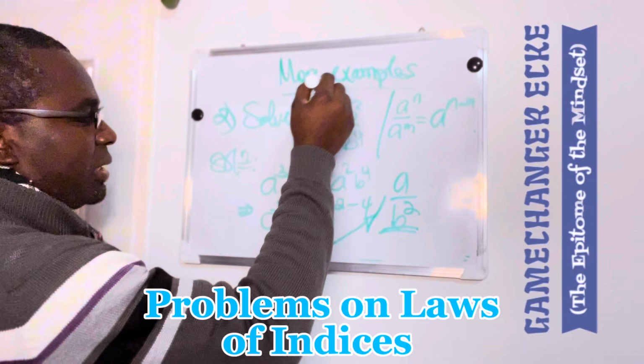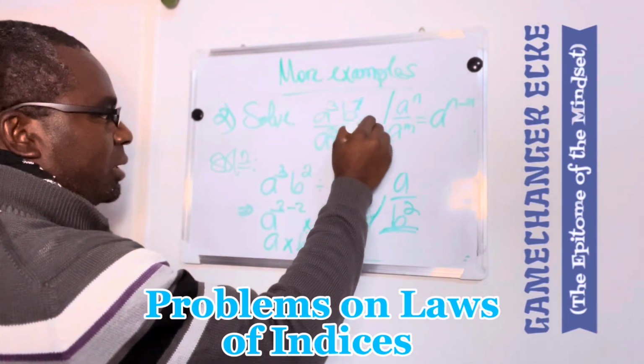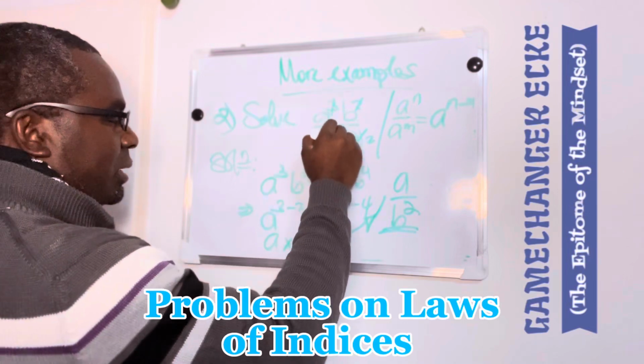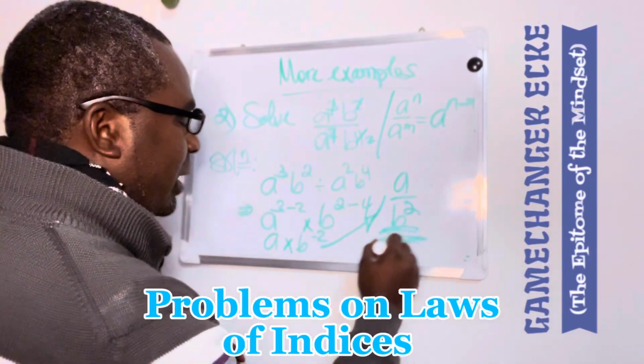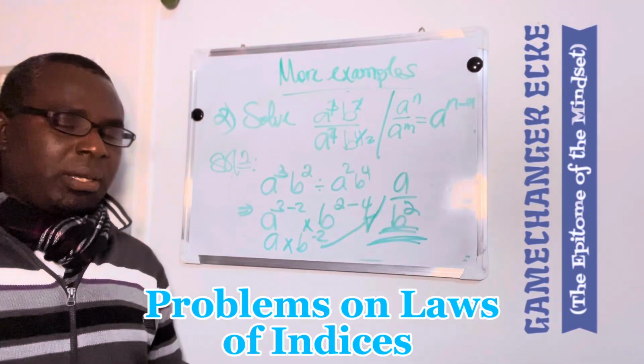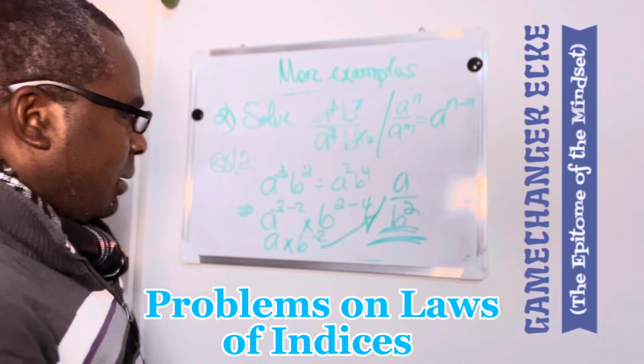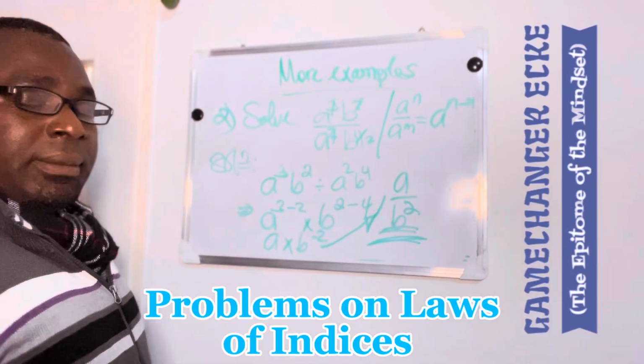We have seen that you can easily cancel this here, and the same answer comes out as we have here. So this gives us a on b to the power 2. I hope that is correct, and I hope this is very, very clear.